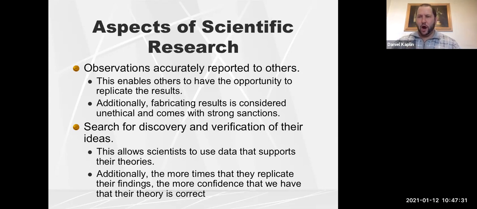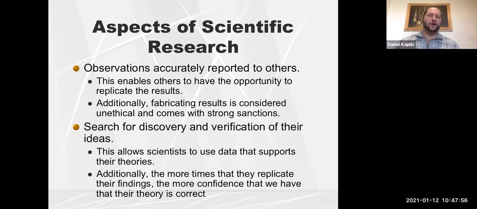One big no-no in science is we don't make up our results. Fabricating data is unethical and it comes with strong sanctions. What do I mean by that? You could lose your position in academia if you misrepresent your findings. And I'm going to give you an example of that.